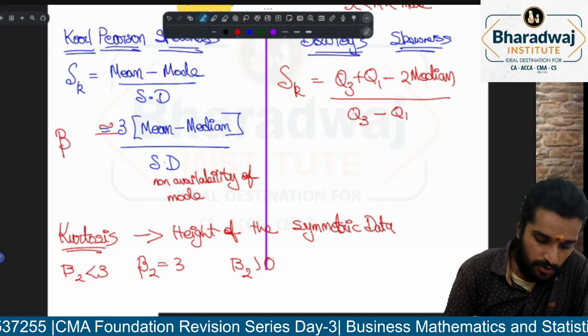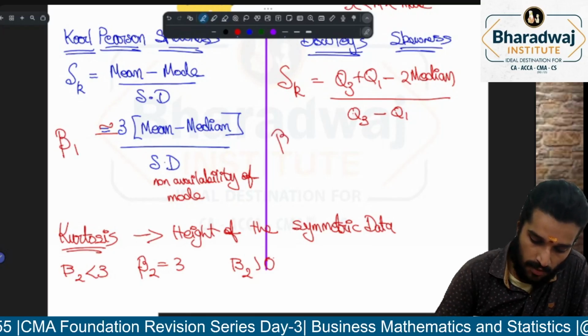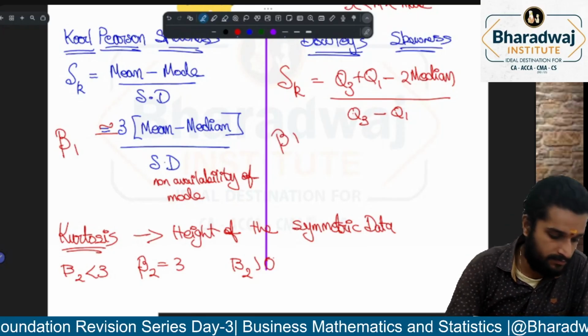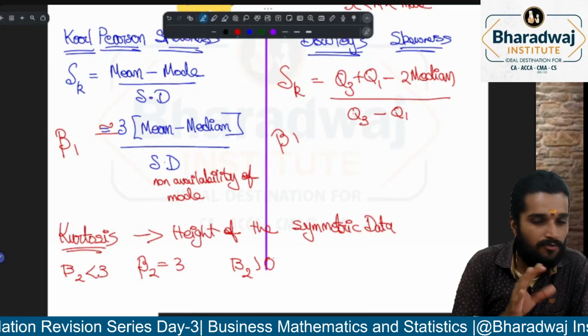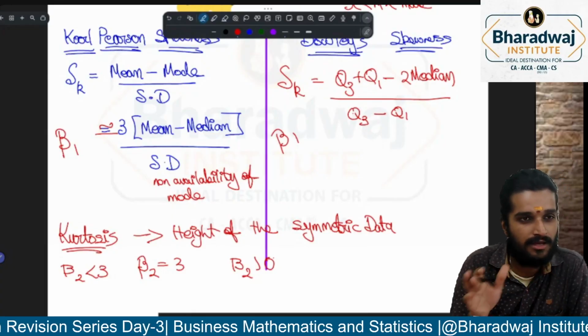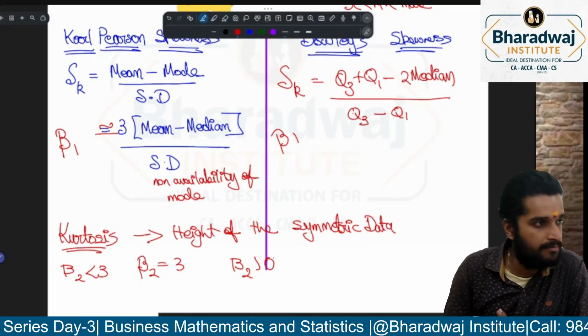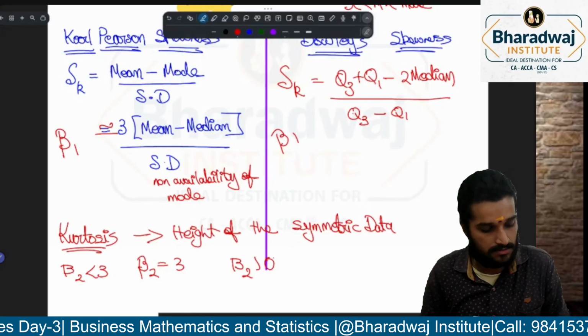Skewness will be measured with beta 1 and kurtosis will be measured with beta 2. You don't need the formula for beta 1 and beta 2. It will be given in terms of moments. Just learn that beta 1 and beta 2 represent skewness and kurtosis.